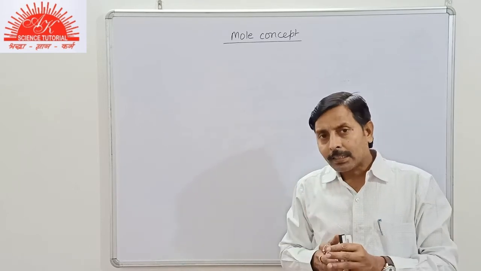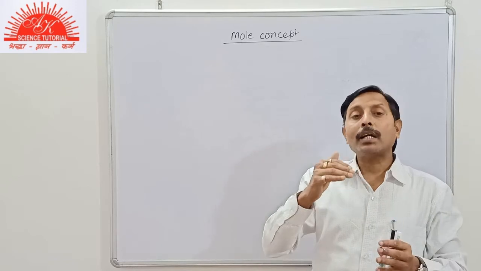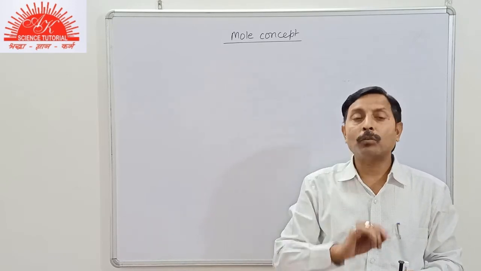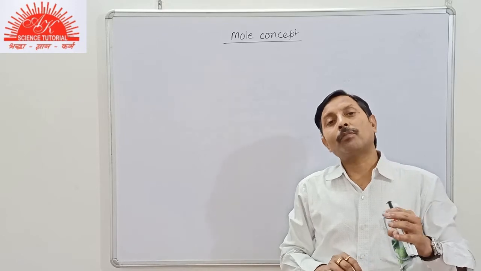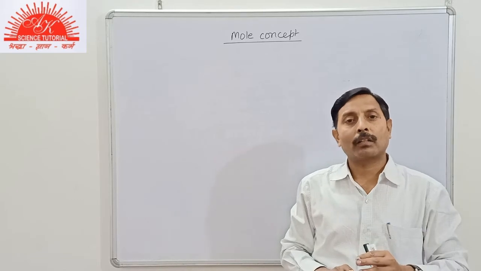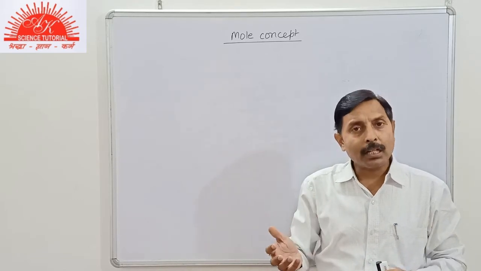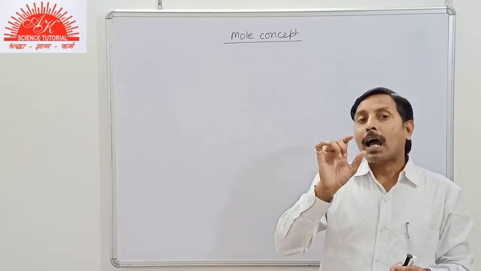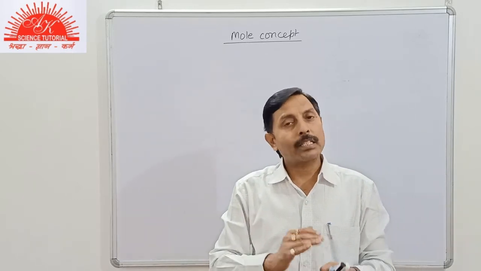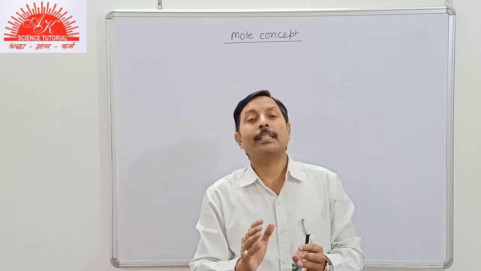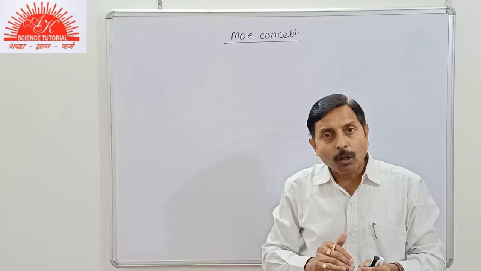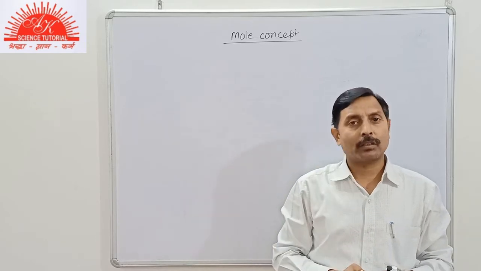In earlier days, the mass of hydrogen was taken as a single unit, and the mass of atoms and molecules were compared with that unit. But later on it was changed, and the isotope of carbon having atomic mass 12 is taken as a standard, and as you know, its atomic mass will be 12. So 1 by 12th of it will give us 1 unit.